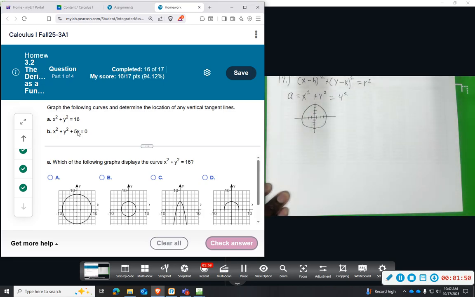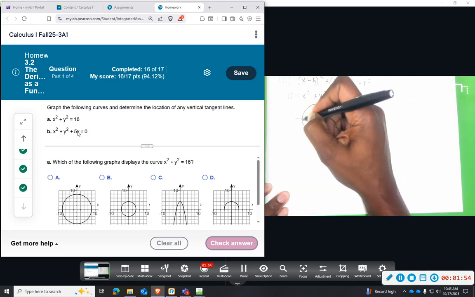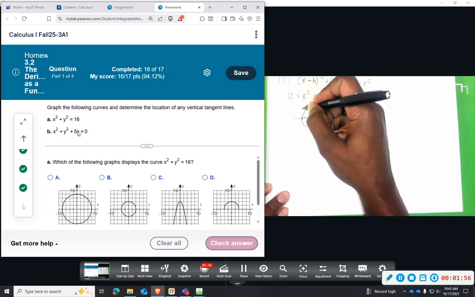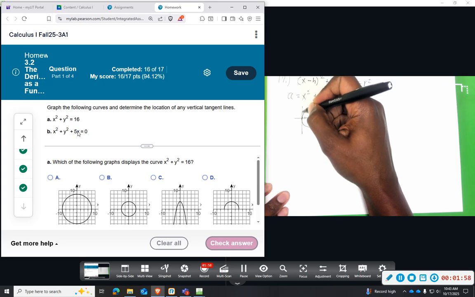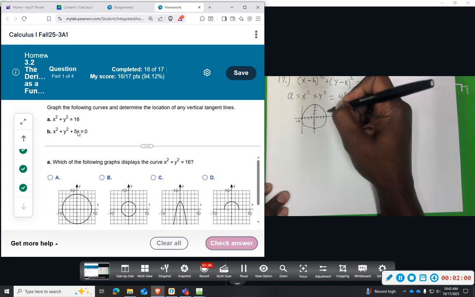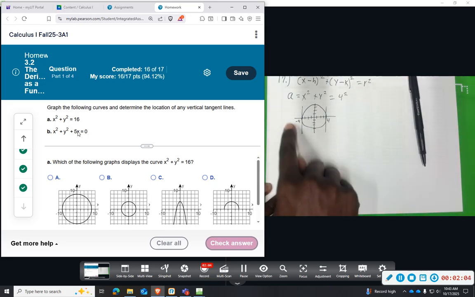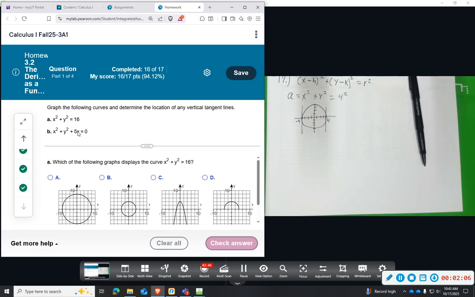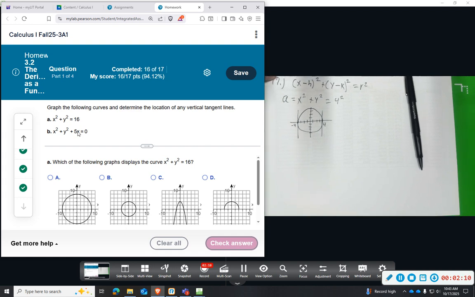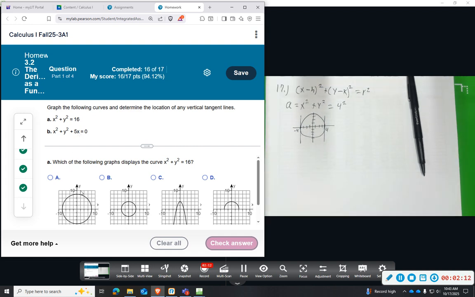This is asking for vertical tangent lines. So a line that touches it at one point and is vertical is going to happen at -4, and along that side at +4. Those would be our two tangent lines for the first graph from the equation of a circle.